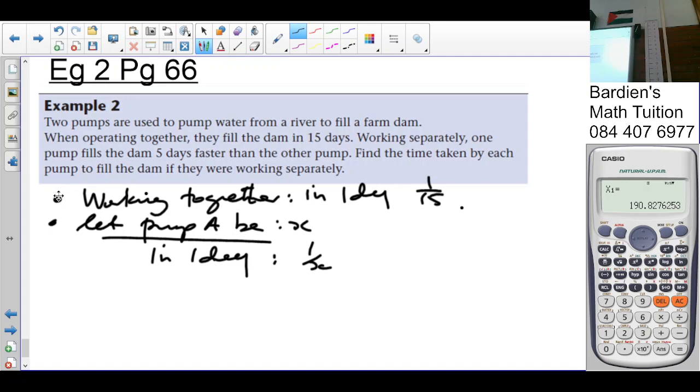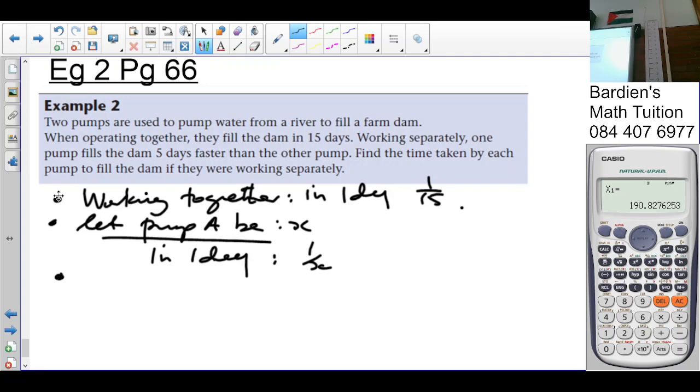Because if pump A takes X days to fill the dam, then in 1 day it fills 1/X. So if it takes 2 days to fill the dam, in 1 day it will fill 1/2. If it takes 5 days, in 1 day it fills 1/5 of the dam. If it takes X days, in 1 day it fills 1/X of the dam.